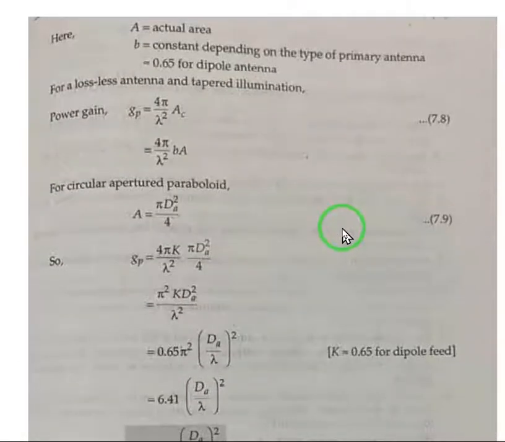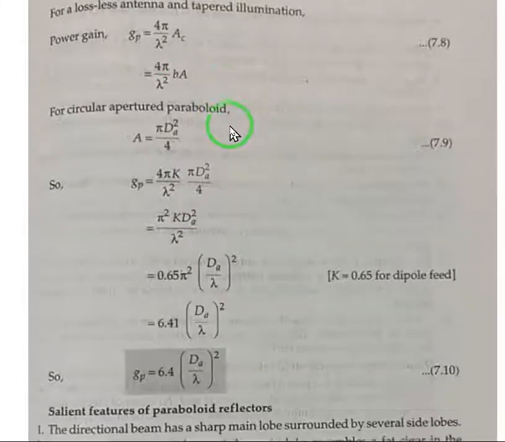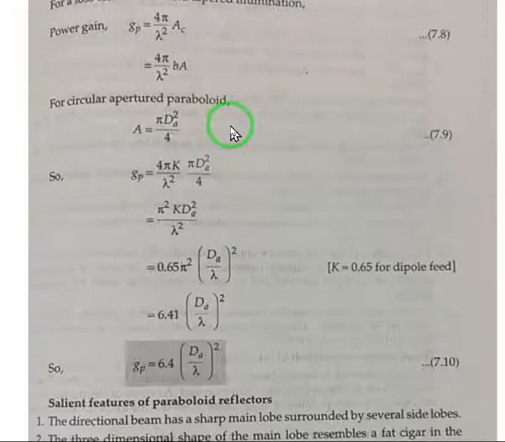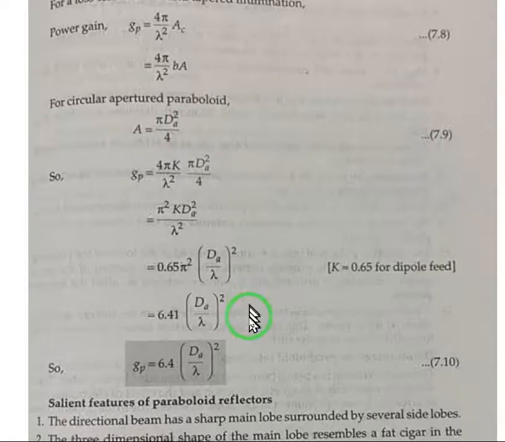The power gain of the parabolic reflector antenna is 4 pi over lambda squared times AC, where AC is the actual area, and specifically it will be 6.4 multiplied by (d over lambda) whole squared.